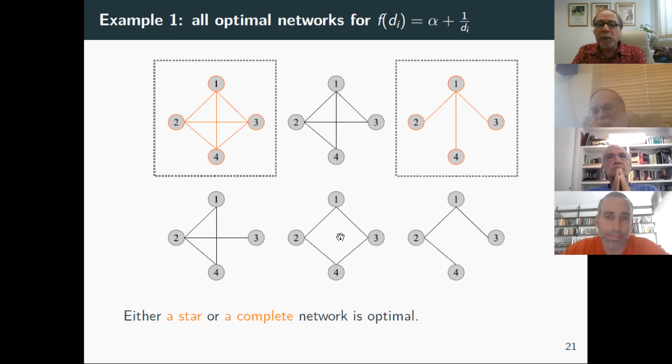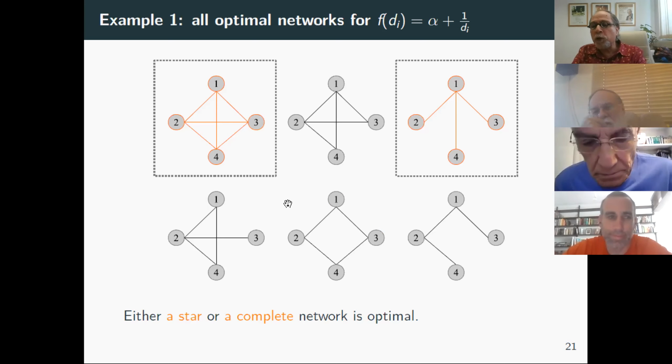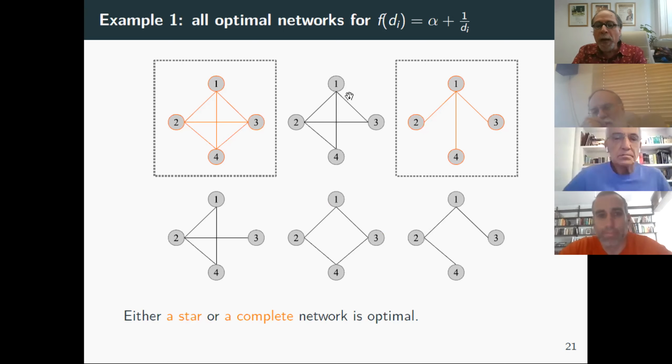I can never get these other 4 networks that are not in yellow as optimal. So this already says something about the structure of the optimal networks. Why I cannot get these other networks as optimal, I'm going to expand on later.